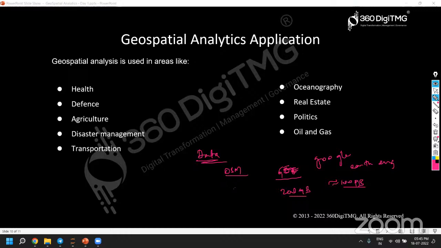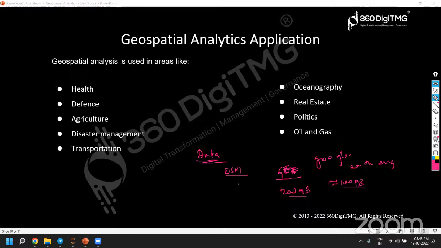You'll be able to look at buildings, just like Google Maps: schools, grocery stores, retail stores, commercial buildings, government buildings. All these kinds of information can be captured here in the OpenStreetMap system. So that's about the examples of GIS.